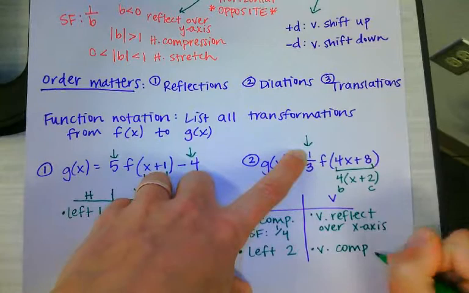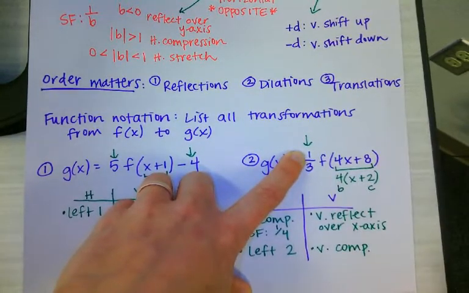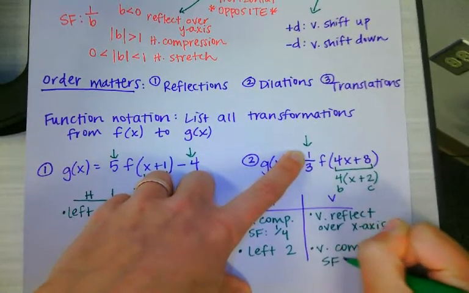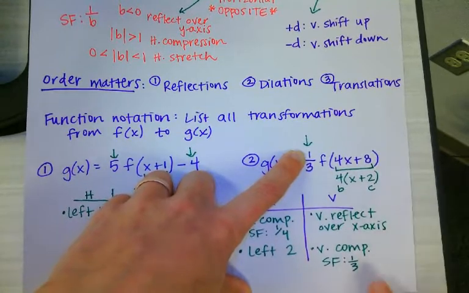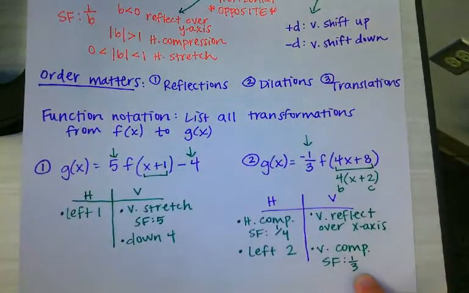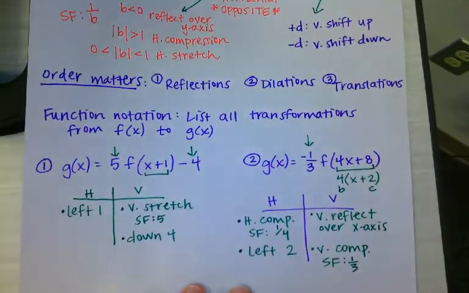It is a compression because 1/3 is smaller than 1. So a vertical compression with a scale factor of 1/3. Notice I didn't put negative 1/3 there because the negative reflects it. The 1/3 is the scale factor.